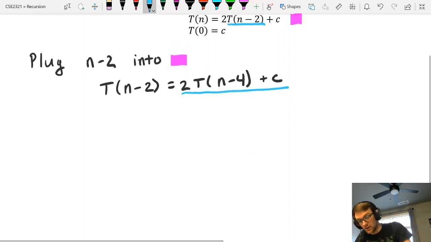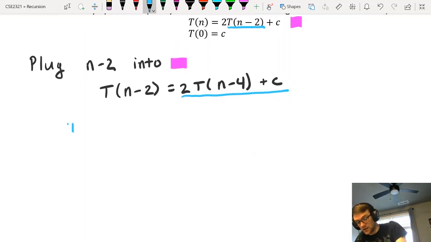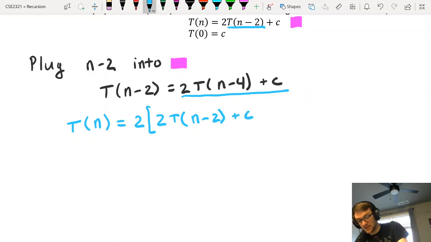Doing so, we have that t of n is equal to 2 times 2t of n minus 2 plus c. That's from our substitution. Then we have that additional plus c hanging out at the end.